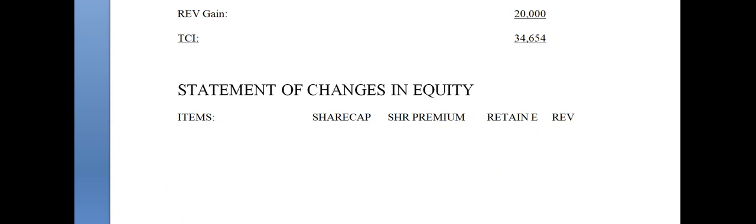The revaluation reserve will be there. And then I think we are going to have total also. Yes. Total.